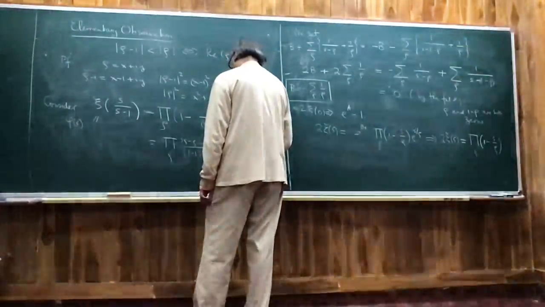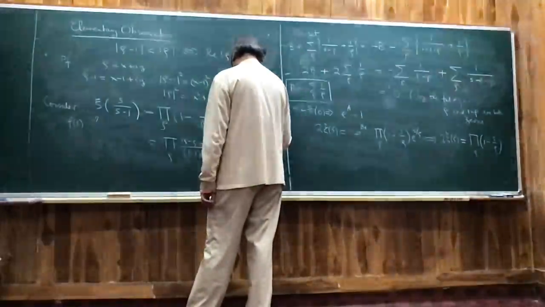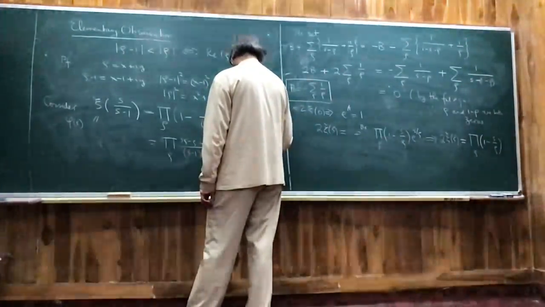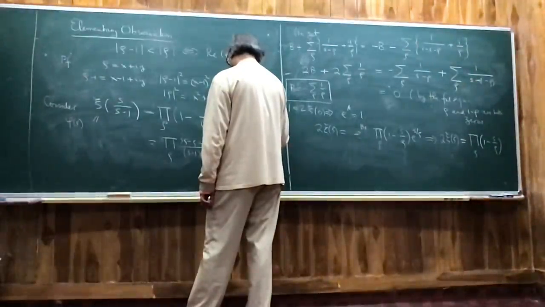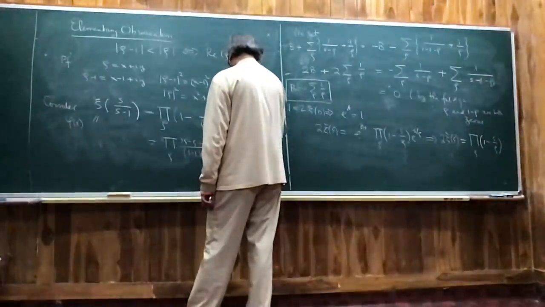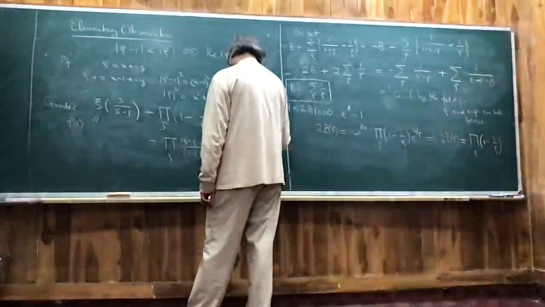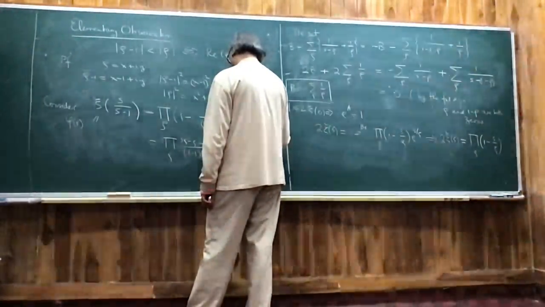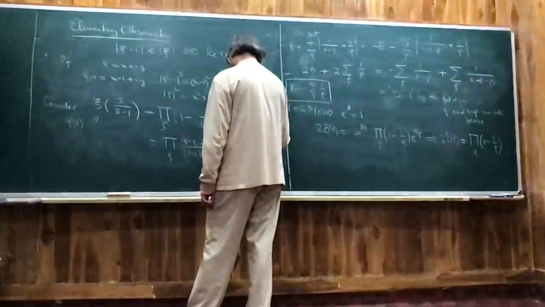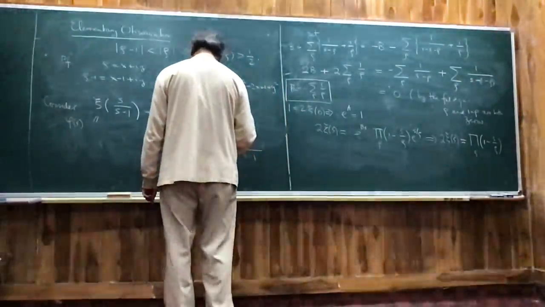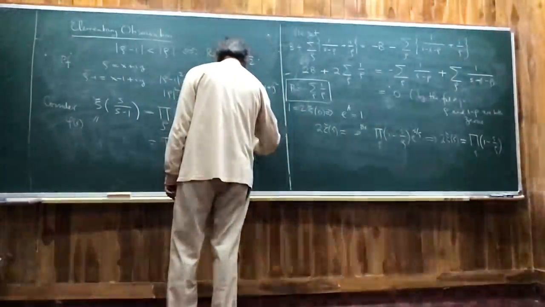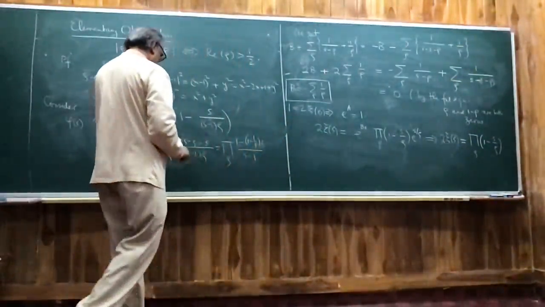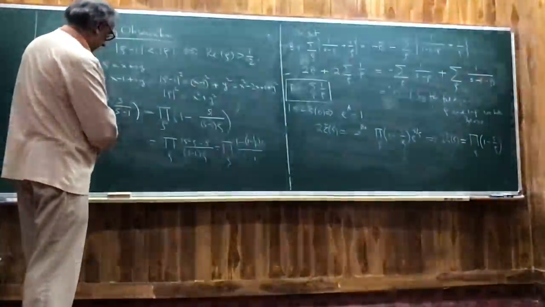Rho, s minus 1. No, I don't want that. I want rho. Basically what I want to get is 1 minus 1 over rho times s. How do I do that?